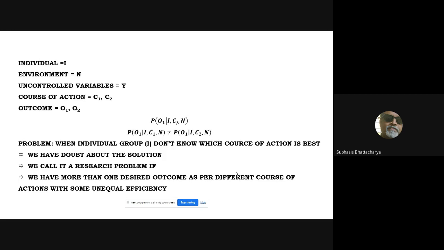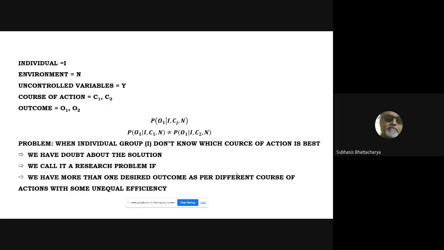And it is obvious that the other variables have some unique value, but the course of action may be different. So as your course of action changes, this probability is also changing. This is the idea of the research problem.